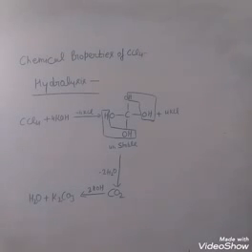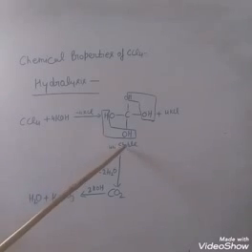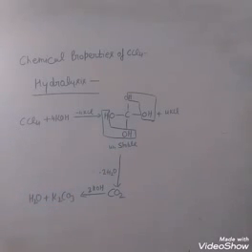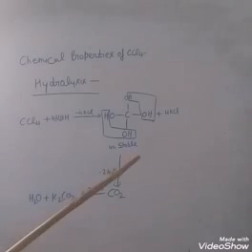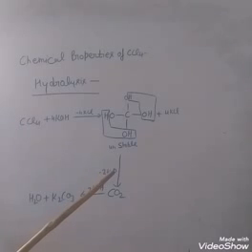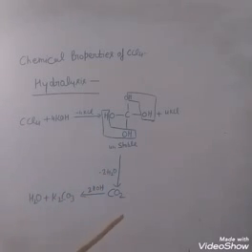In the hydrolysis process, carbon tetrachloride is hydrolyzed by potassium hydroxide and gives an unstable compound and releases 4KCl. After the unstable compound forms, 2H2O is released, then CO2 is formed, and this CO2 is again hydrolyzed by KOH and gives potassium carbonate and water.